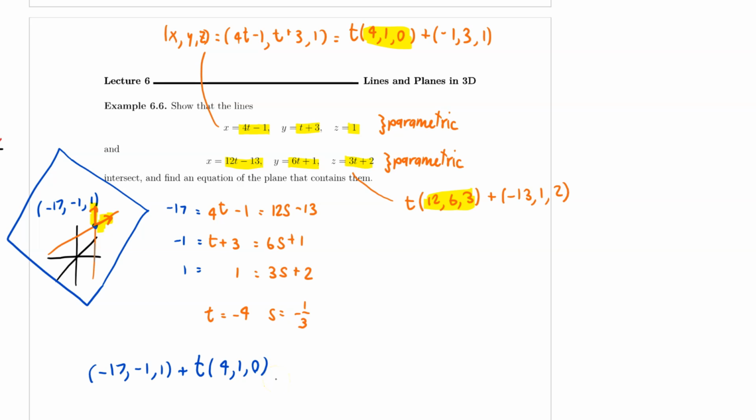So in the end, I'm gonna have this guy plus another variable s times 12, 6, and 3. So here's my equation of the plane. This is in vector valued parametric form, by the way. Let me kind of redraw this.